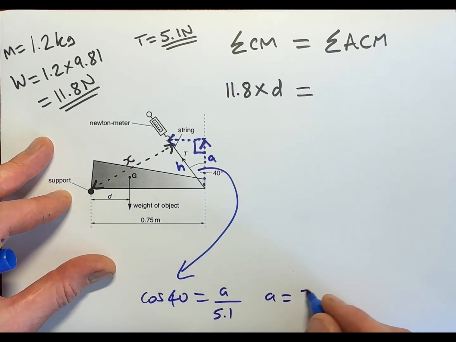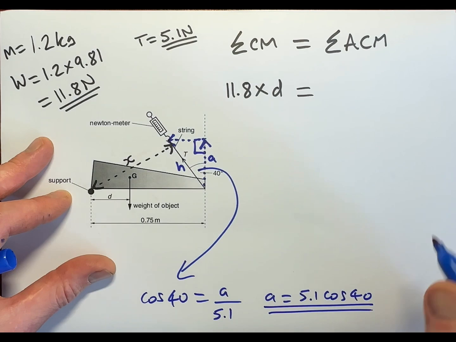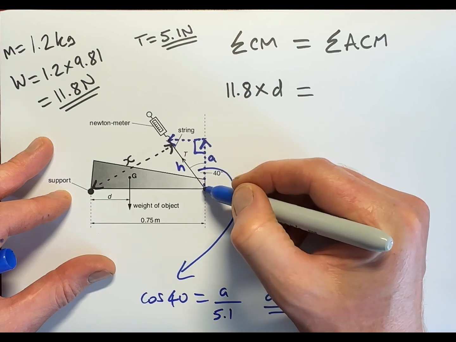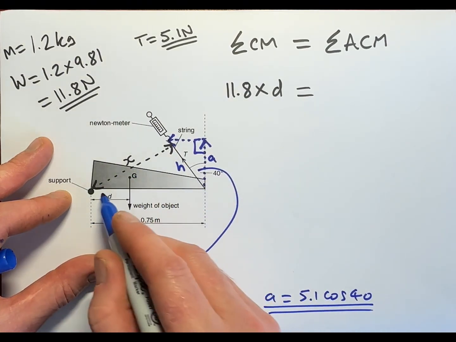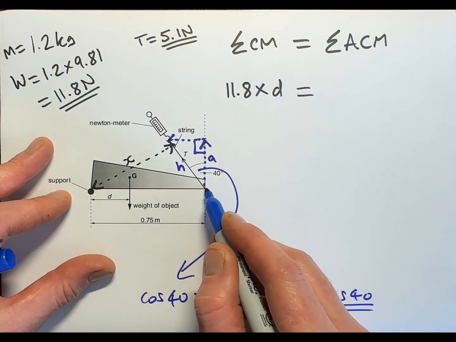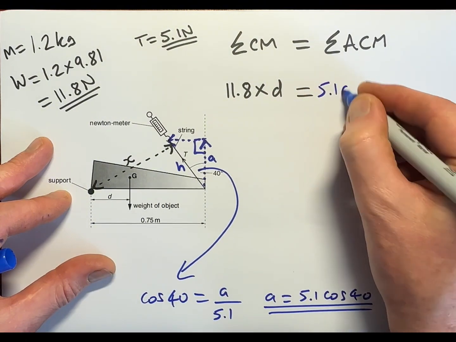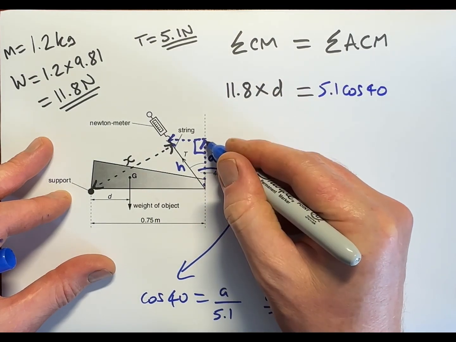So the adjacent is going to be 5.1 cos 40. That is this component of tension, which is perpendicular to the horizontal. So 5.1 cos 40 is our force acting vertically upwards.